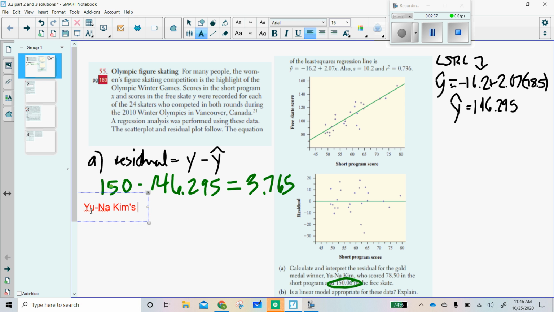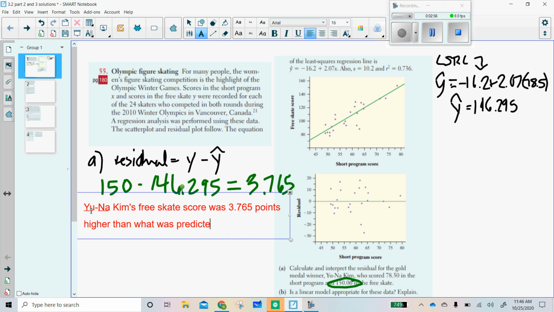Unichem's free skate score, so that's the Y context, was 3.765 points higher than what was predicted by the least squares regression line.